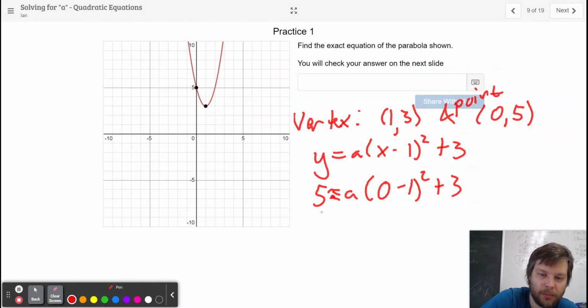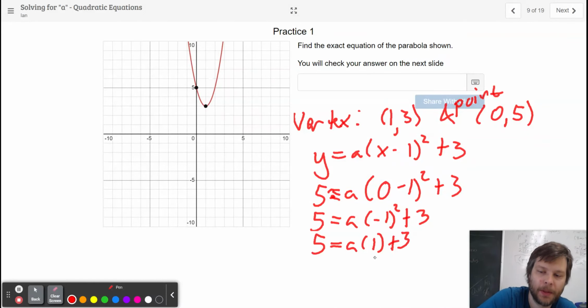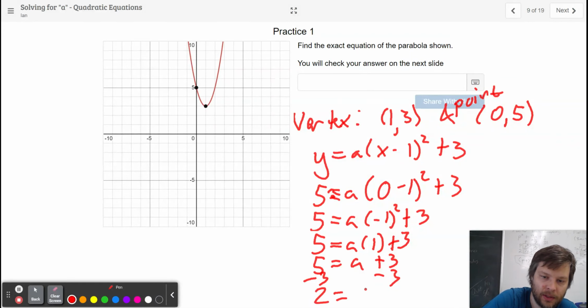I do what's inside the parentheses first, which gives me -1. -1 squared is +1. A times 1 is just a. And you solve a +3 by doing -3. So the letter A is equal to 2.